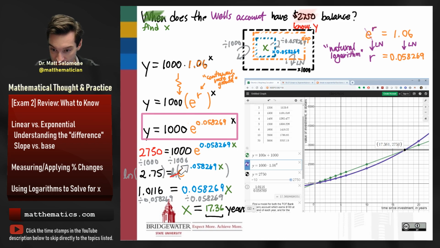So anytime we have e to the something and I want to end up with that something instead, if I want to get rid of the e and take the stuff from the exponent down so that I can solve for x, for example, the natural logarithm is exactly by definition the tool that exists to do that. And that is as much as I care that we know in this class about logarithms. If you get that step that happened right here, and also happened up here, you get as much as I care for you to get about logarithms for the purpose of our course.